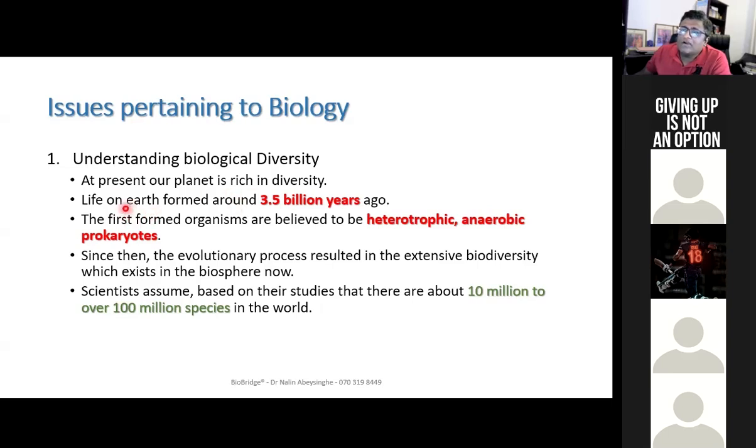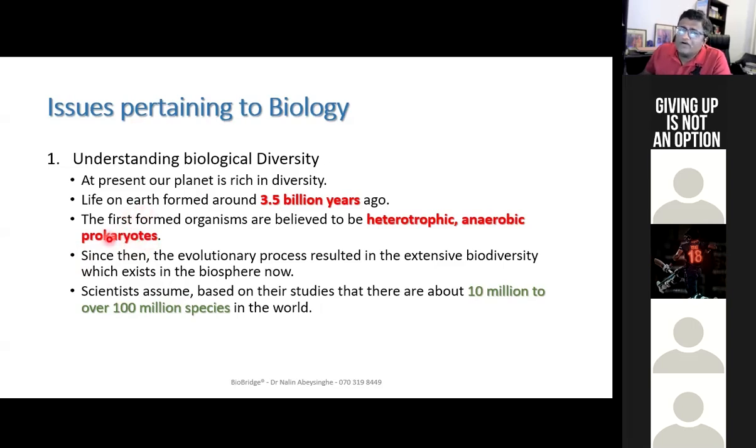Okay, then prokaryotes. This is related to the formation of the nucleus and the cellular organization pattern. There are prokaryotes and there are eukaryotes, the ones having true nuclei and those having pseudonuclei or false nuclei, or organized nuclei and unorganized nuclei.